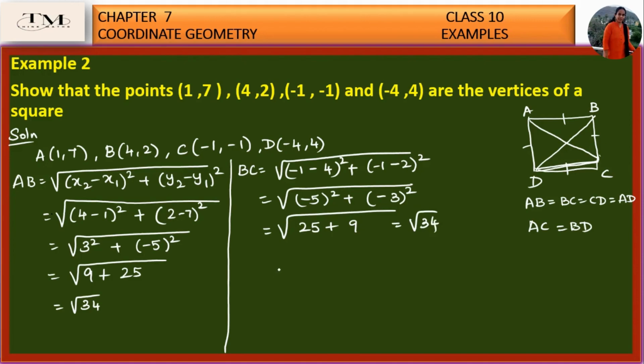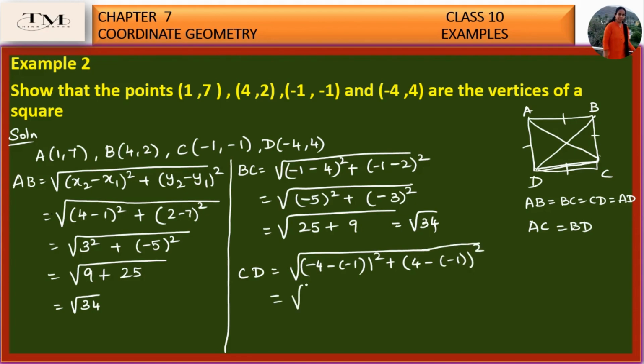So we got BC is equal to root 34. Let us check for CD. CD is equal to square root of (minus 4 minus minus 1) whole square plus (y2, which is 4, minus y1, which is minus 1) whole square.